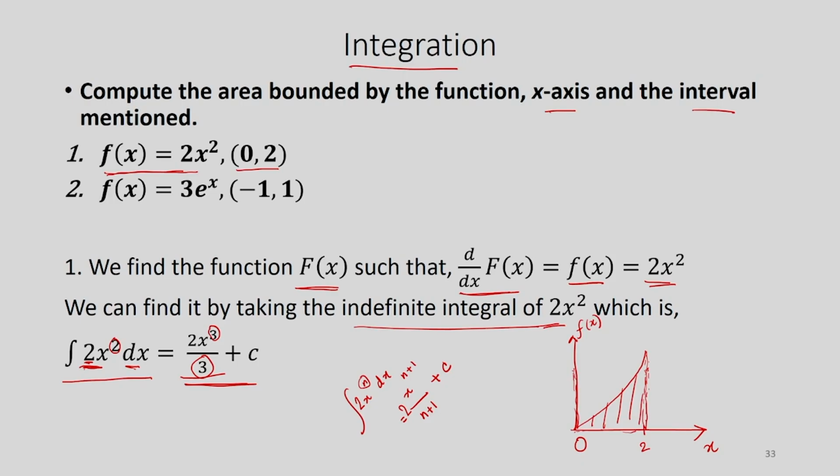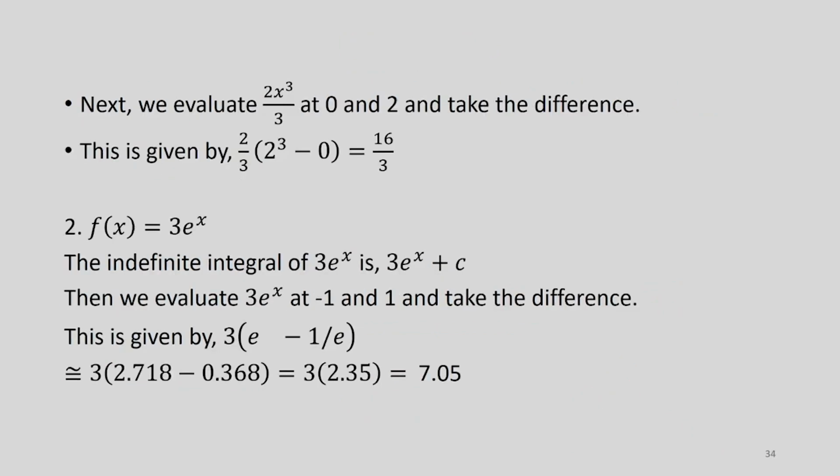All right. Now, this is the indefinite integral, but we have not yet found out the area of this shaded region that we have to find out? Well, basically the idea is that we have to evaluate this function, that is 2x cube divided by 3, at these two numbers 0 and 2, and we have to take the difference.